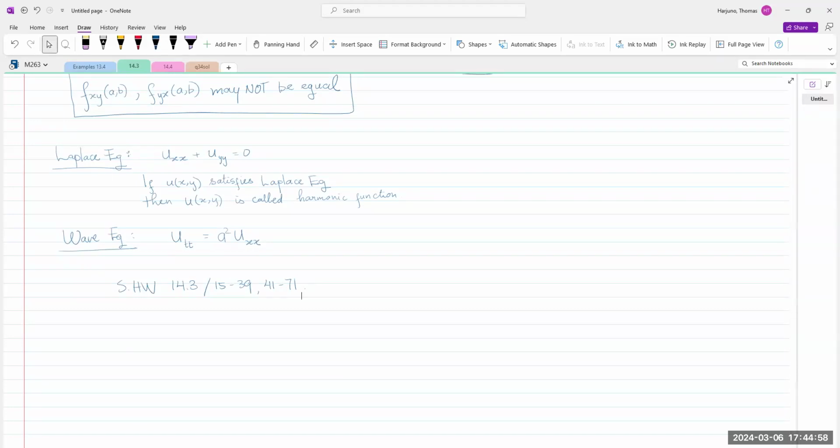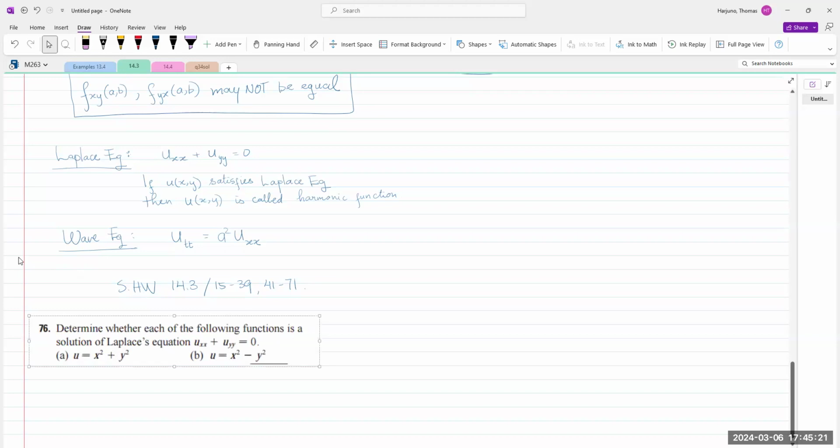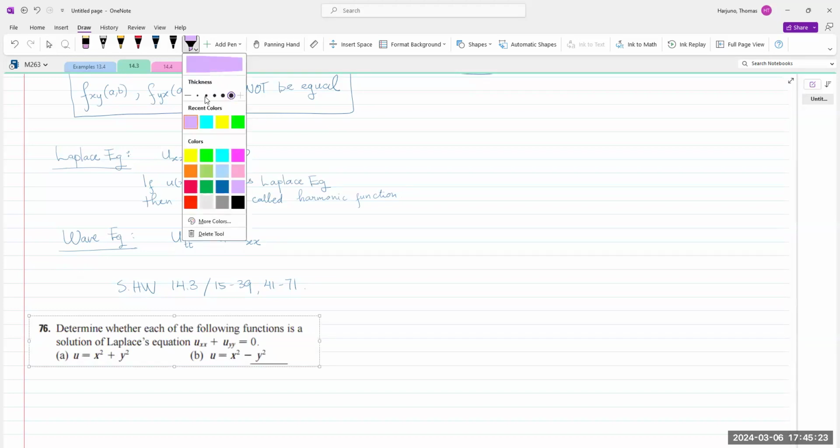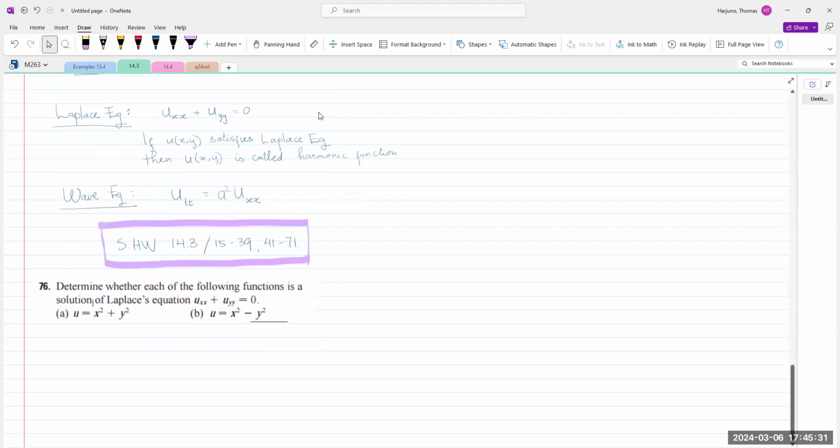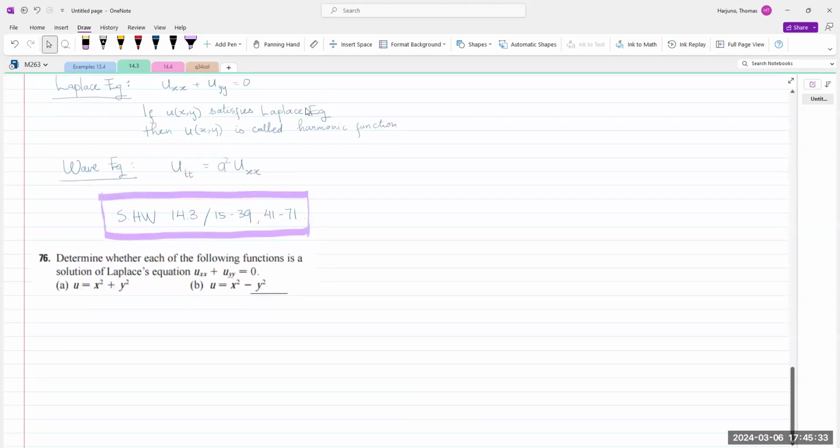Let me pick one question from our book just to show that, maybe question number 76. Let me mark this first so that when you look at your notes, you can easily locate the position of the suggested homework. I usually put it at the end of the notes, right?